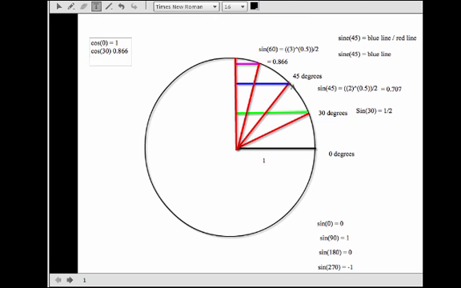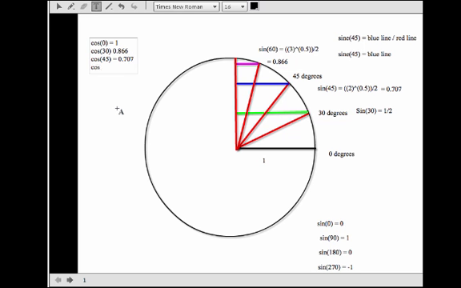And then sine and cosine of 45 are the same, because you have a triangle here with two sides that would be the same. So whether you're talking about the x or the y, whether you're talking about the horizontal value or the height, it's the same. So cosine 45 is equal to root 2 over 2, but I'll just write the decimal, 0.707.